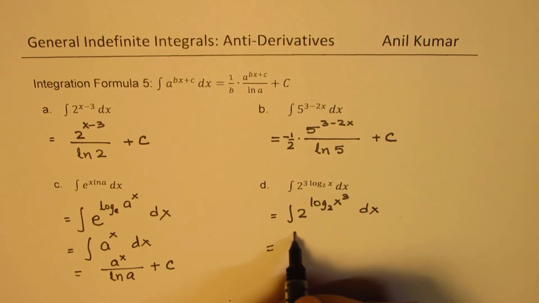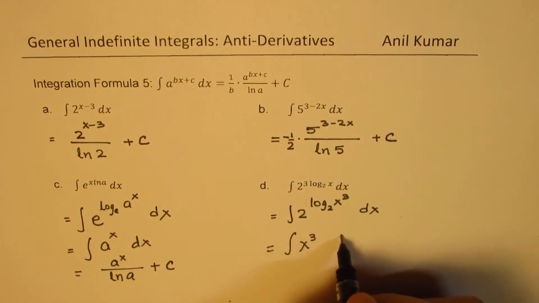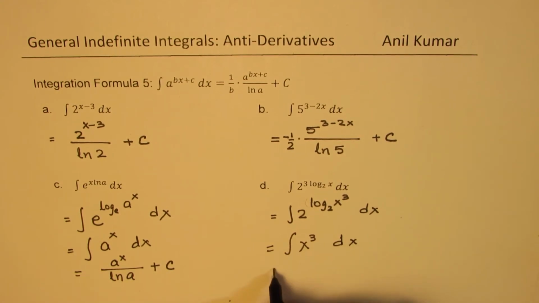So we get x cube here. So in fact, this is not a to the power of x. It is x cube, and we need to find the integral of this. So we'll use our formula number 1, where the answer should be x to the power of 3 plus 1, which is 4, divided by 4 plus c, correct? So that is how we are going to answer this.